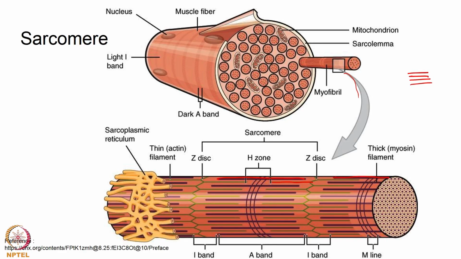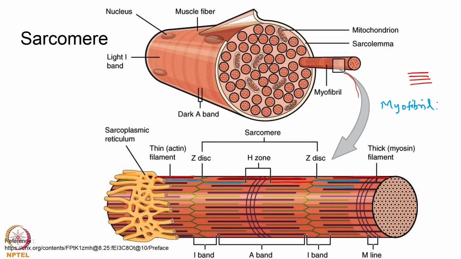One dark band is here, another dark band is there, and then there are some light bands that are here. These are the light bands, and another light band is here, another light band is there, and so on. This alternating dark and light bands constitute a sarcomere. Basically, these alternating bands of dark and light color, when they are connected in series, constitute a myofibril.